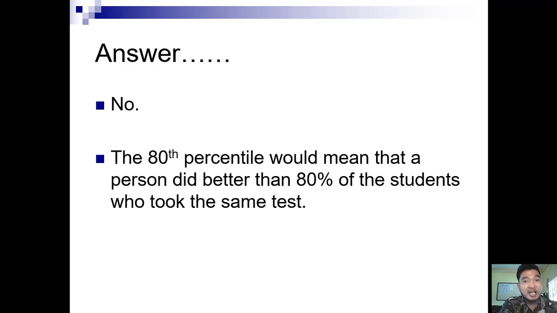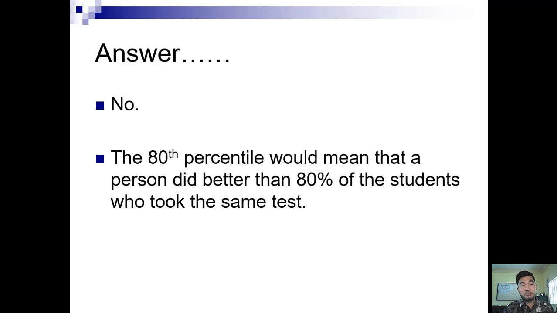So maaaring mas mataas pa yun sa 80% of the test, o pwede rin namang mas mababa yun sa 80% ng exam. The 80th percentile would mean that a person did better than 80% of the students who took the same test. Yun ang ibig sabihin. Kapag yun ang score mo, halimbawa, score mo 78, 1 to 100, ikaw yung nasa 80th percentile.